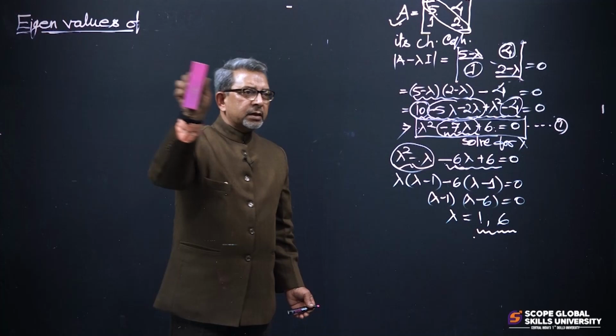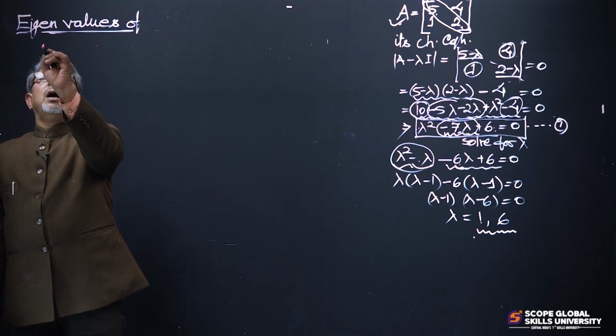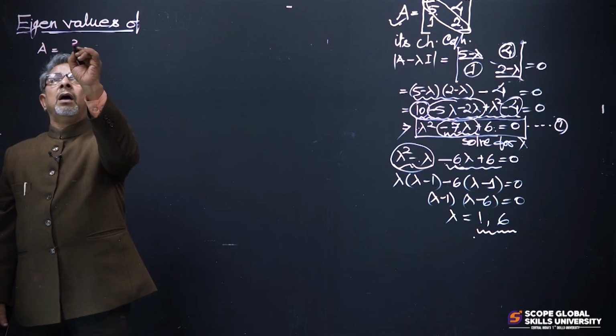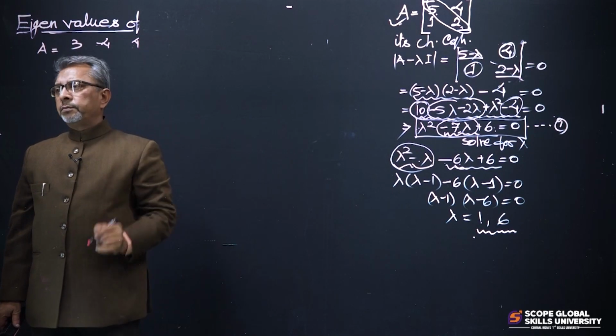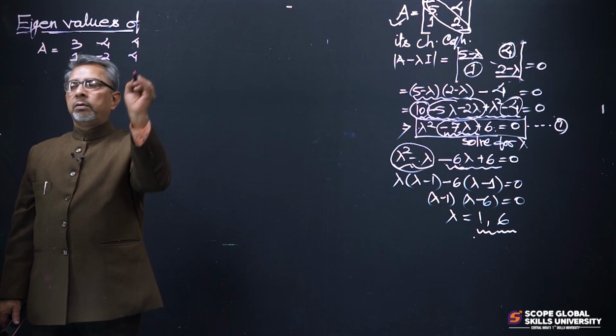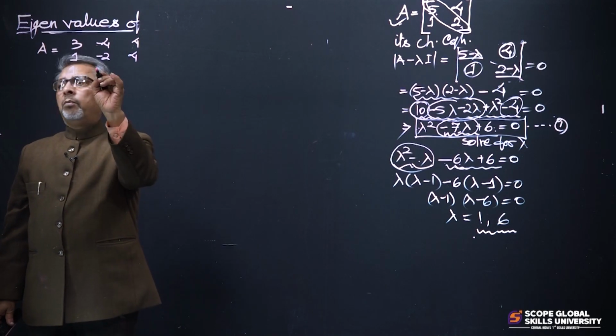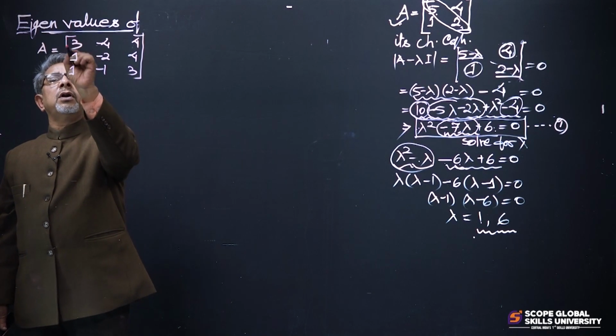For this, let us consider an example. If A has elements 3, -4, 4, 1, -2, 4, 1, -1, 3. This is a matrix of order 3 by 3.